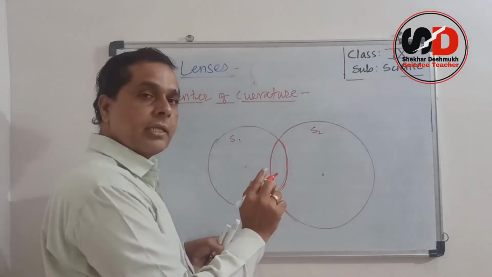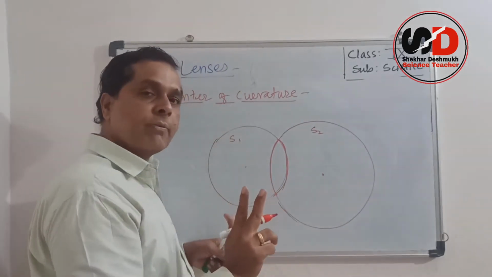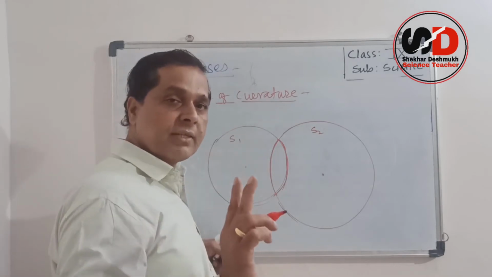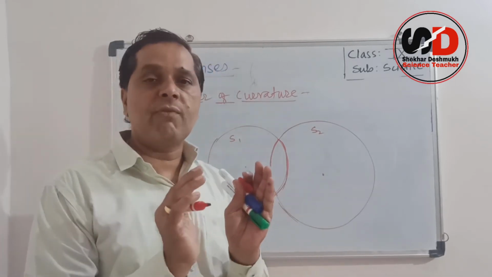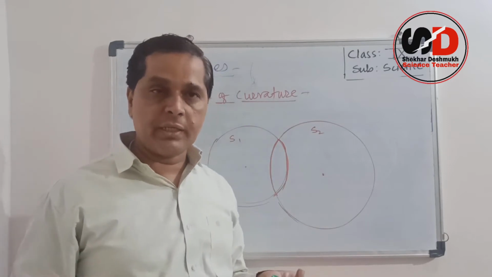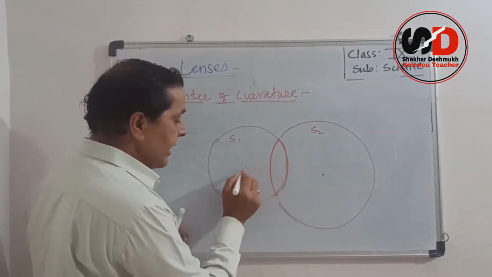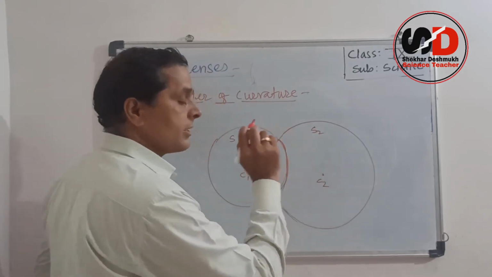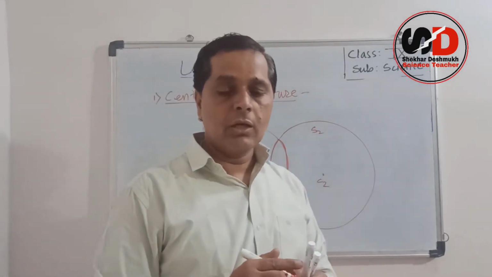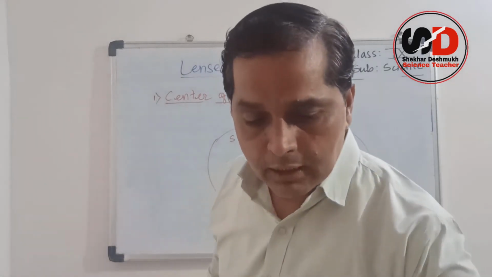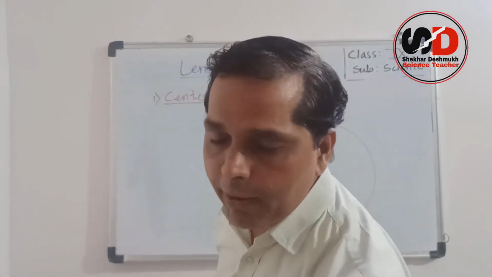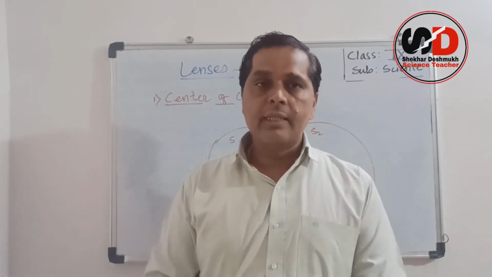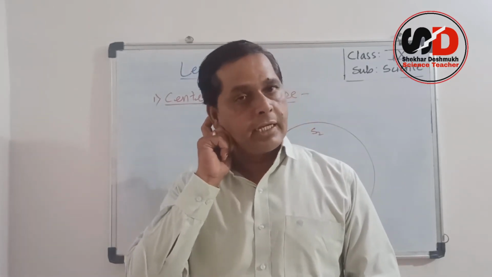Each lens has two centers of curvature because the two surfaces are parts of two different spheres, suppose C1 and C2. So the centers of the spheres whose parts form the surfaces of the lens are called the centers of curvature of the lens.